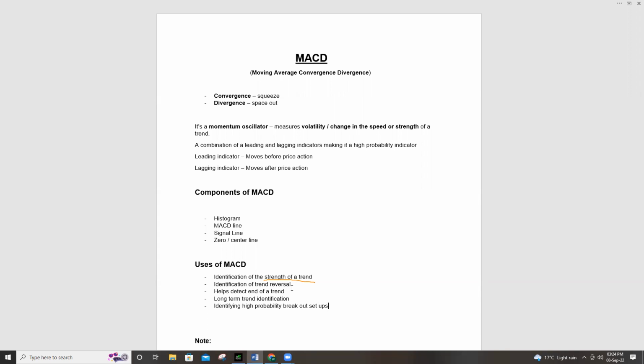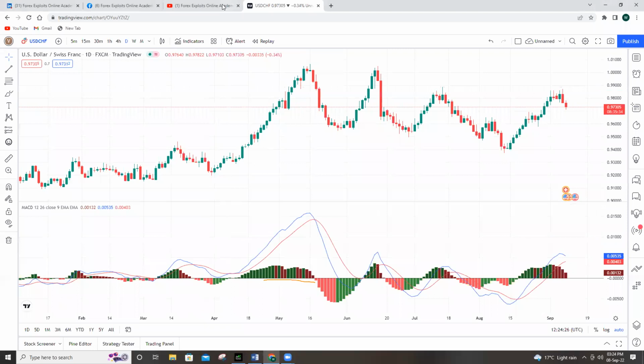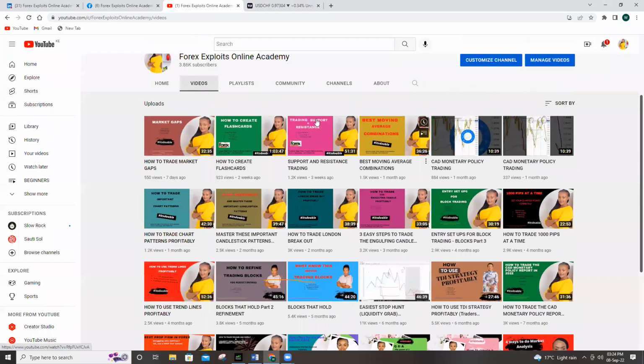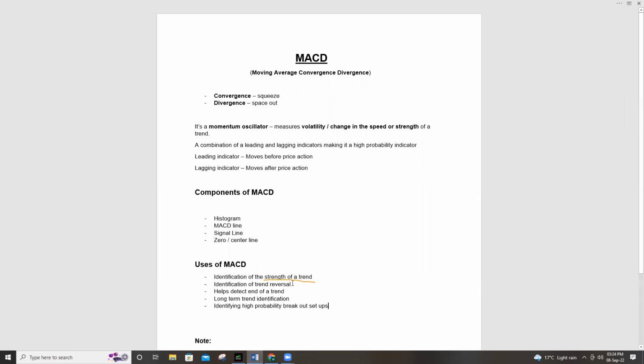And also, it can be towards a point of support or resistance. I did a video previously on support and resistance, so you can watch it to know the different types of support and resistance that we have, and of course how to trade towards them using MACD.